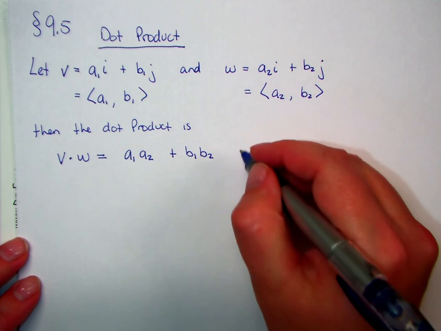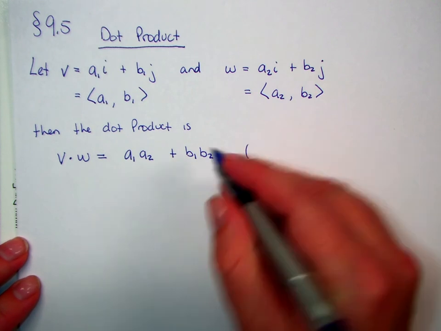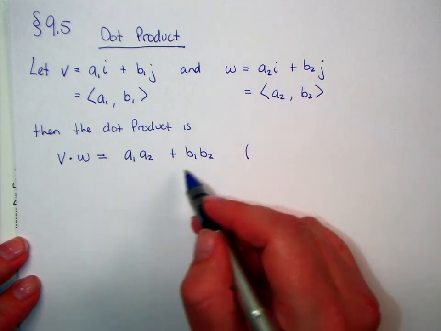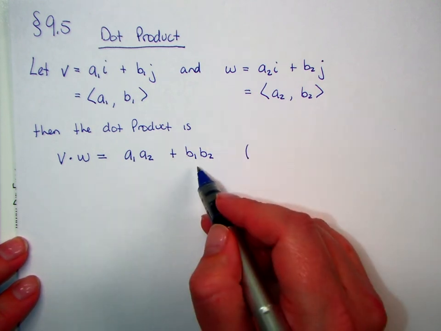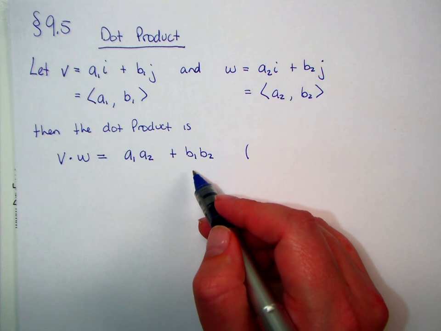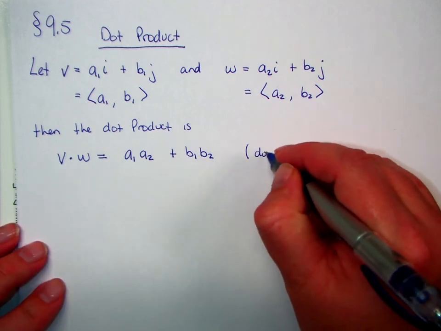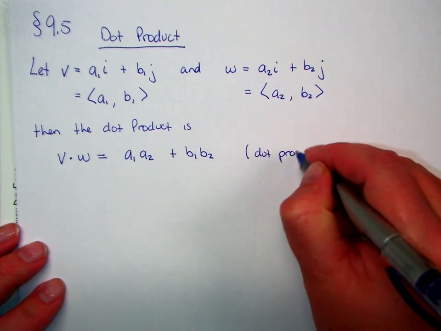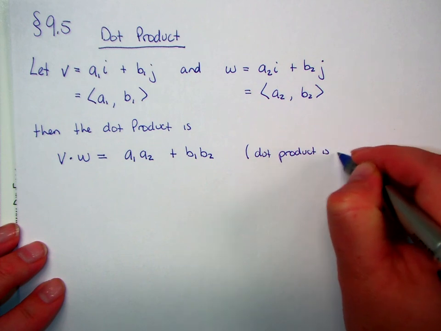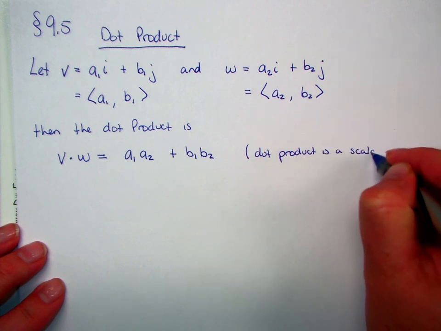So I want you to note that this is going to be a scalar. This is not going to be a vector. It's going to be a scalar, just a number. The dot product is a scalar.